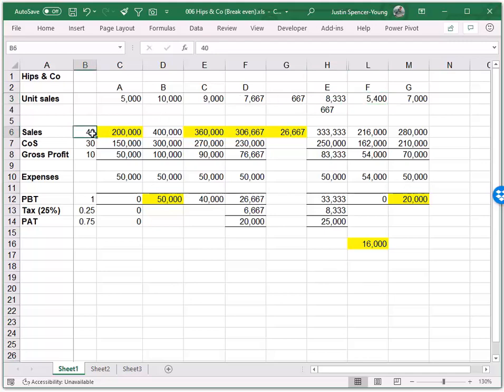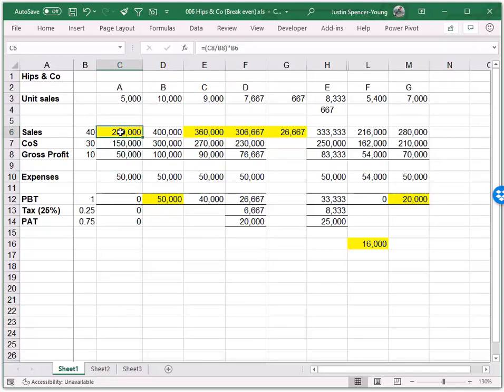Units times selling price gets you sales. So just notice that the increase in fixed expenses from 50 to 54,000 produced a break-even sales of 216,000. Back here in question A, the 50,000 expenses produced a break-even of 200,000.